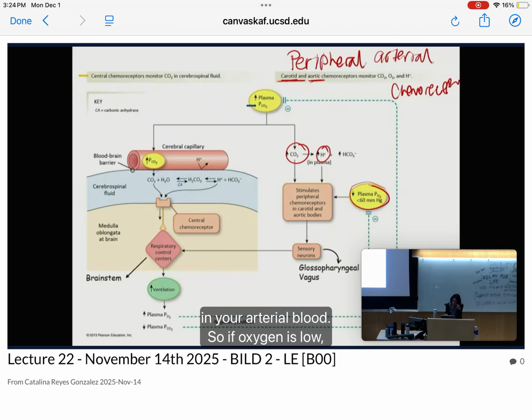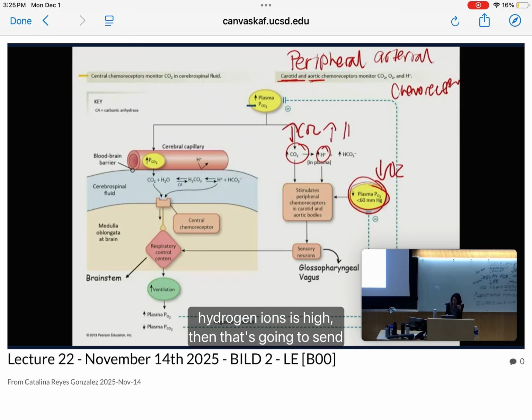So if oxygen is low, if CO2 is high, or if the concentration of hydrogen ions is high, then that's going to send a signal through the same nerves as the baroreceptors, the glossopharyngeal and the vagus nerves, onto the respiratory control center. Okay, so these sensory neurons, the glossopharyngeal and vagus nerve, send a signal to the respiratory control center in the brainstem, and that increases ventilation.